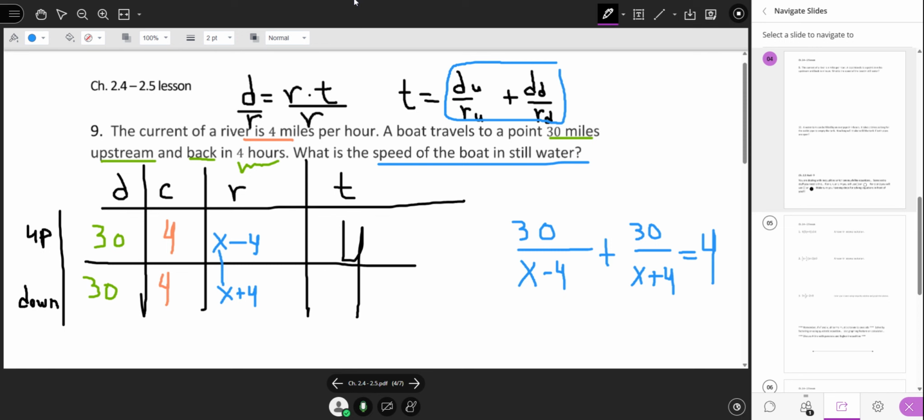Throw that all into Desmos. So fraction bar, 30, arrow down, x minus 4, over plus fraction bar, 30, arrow down, x plus 4, over equals 4.